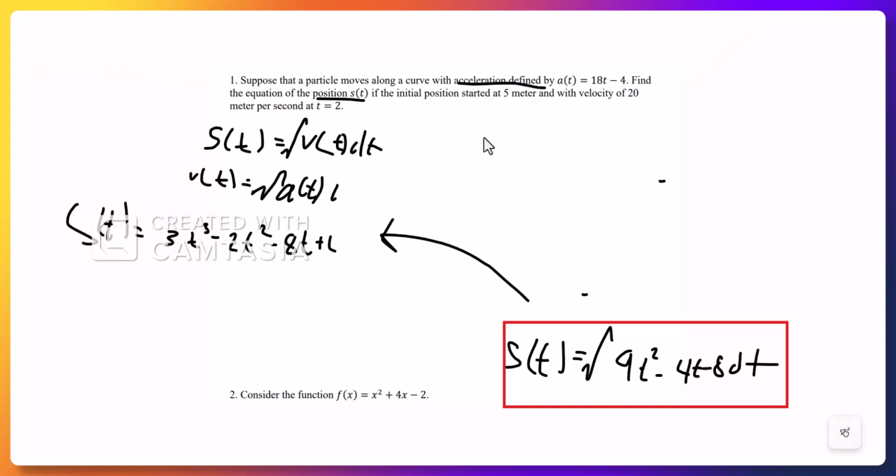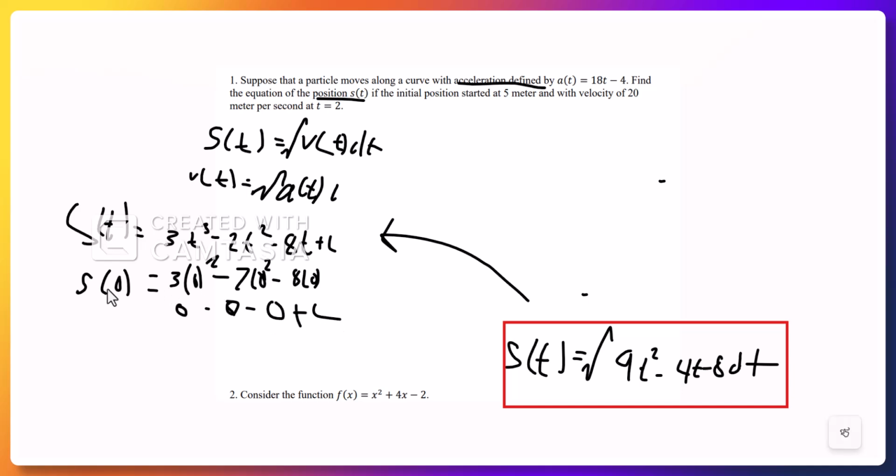But we know that the initial position started at 5. So when you set time to 0, this is going to be 3 times 0 cubed, which is just 0, minus 2 times 0 squared, which again is 0, minus 8 times 0, which is just 0, plus c.